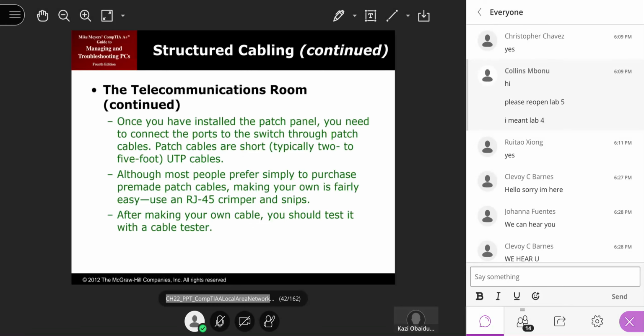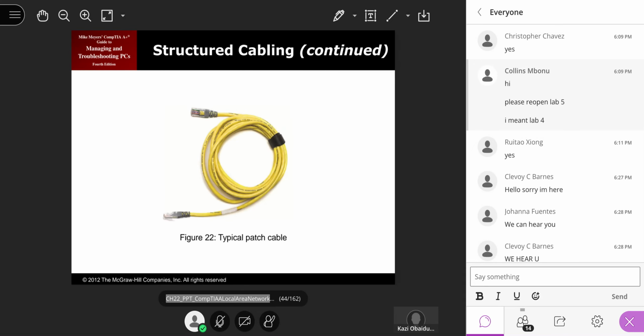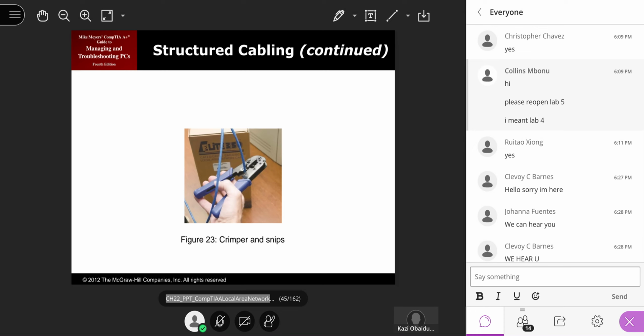RJ45, we understand. Cabling system. Look, this is all a category 6 based cable patch panel, and this is the RJ45 cable. We know, right? So from here, please read up to slide 44.